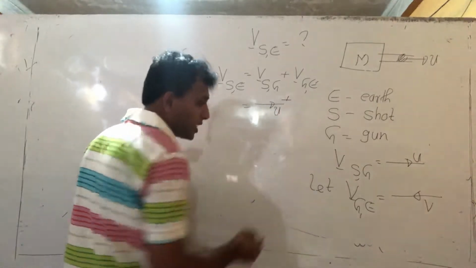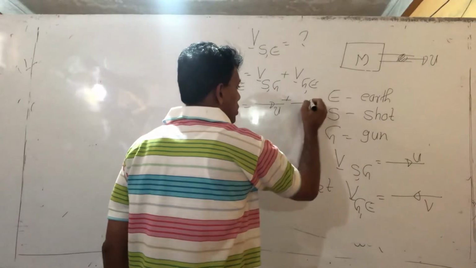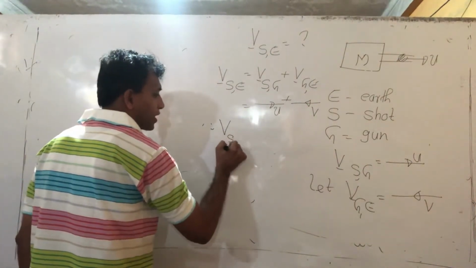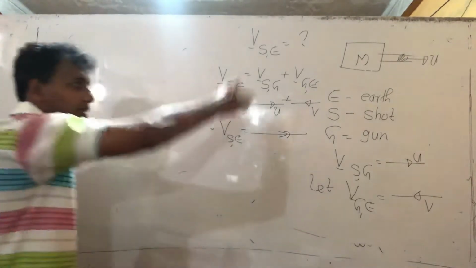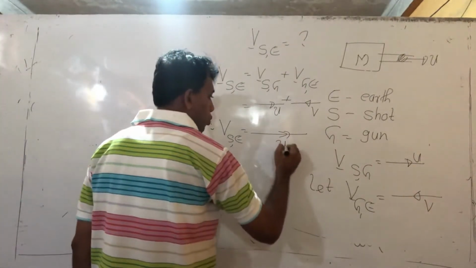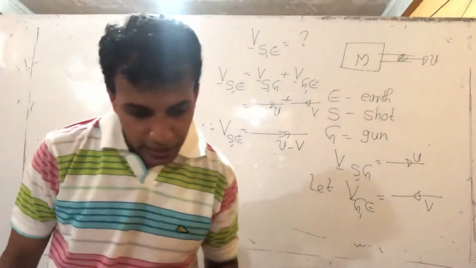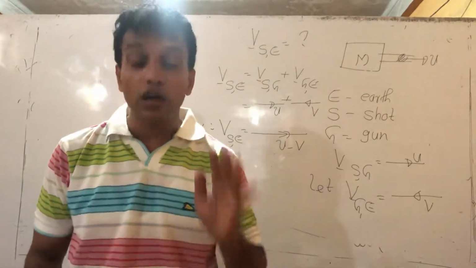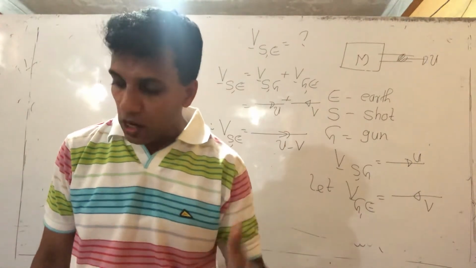Plus GE, which is v in the opposite direction. Therefore, in one direction, the resultant is u minus v. This is required for us. Now the question is to find the actual velocity, meaning relative to Earth, of the gun and the shot.